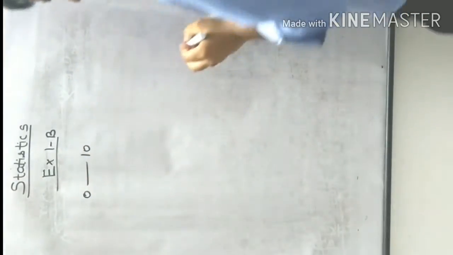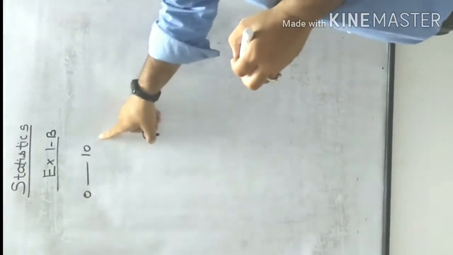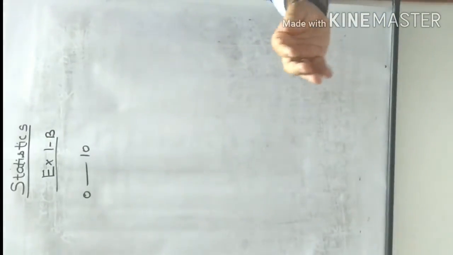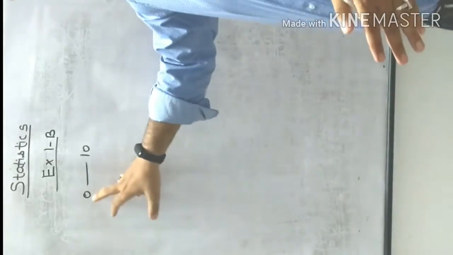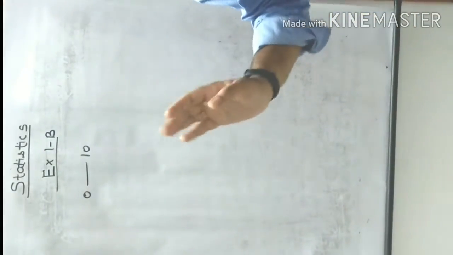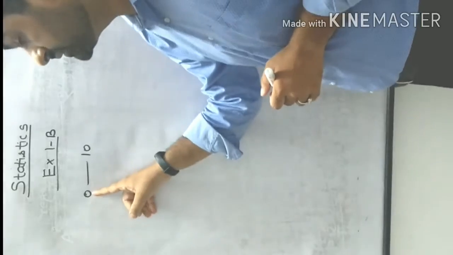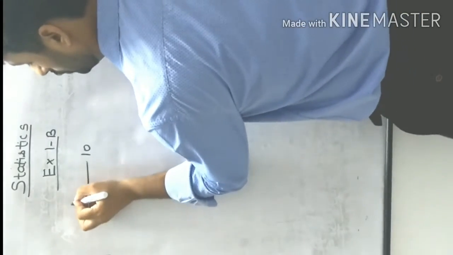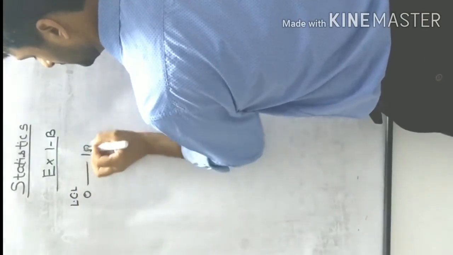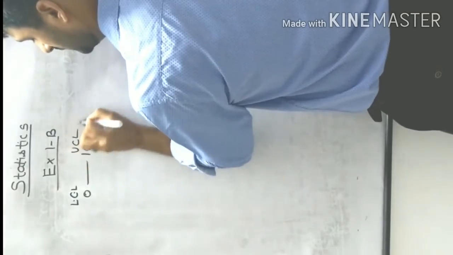Means something starts from 0 and ends at 10. So suppose I say the number of students who have got marks 0 to 10. This is called the lower class limit. This is called the upper class limit.